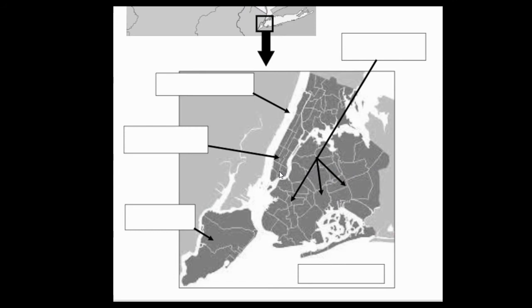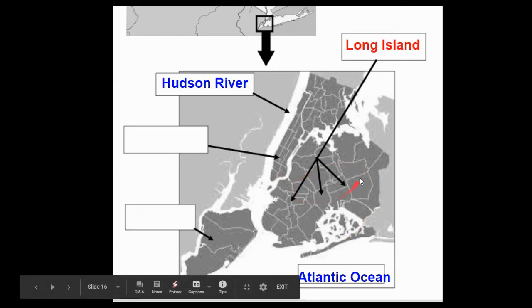So now we're going to go back to our map here, and we can start to label the bodies of water. This is the Hudson River. This is the Atlantic Ocean, so the water is white. And the 3 islands that make up the city, Long Island here, so this is all part of New York City, and it's part of Long Island.